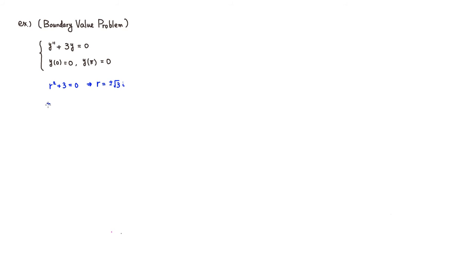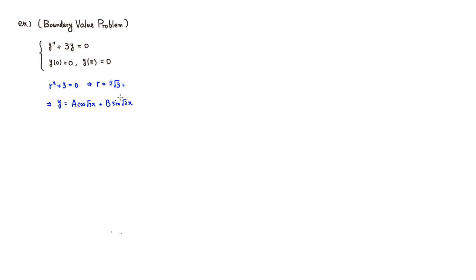So this will give us the form of the solution: y is equal to a cosine of square root of 3 x plus b sine of square root of 3 x.